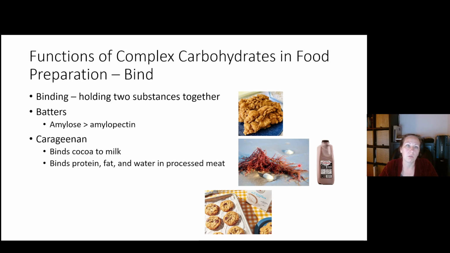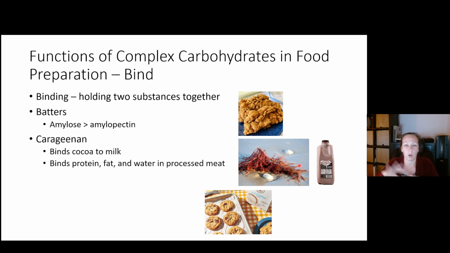It's also sometimes used in processed meats. It's great at binding everything. Water, protein, fat, carbohydrates, everything. And so in some processed meats, you can add carrageenan and it helps it hold water, be more juicy, just kind of keep all of those things together.